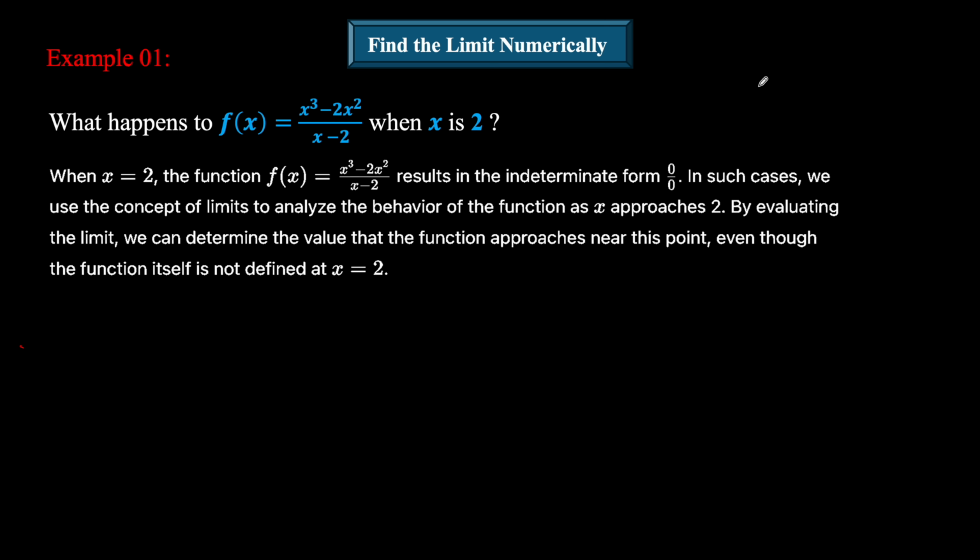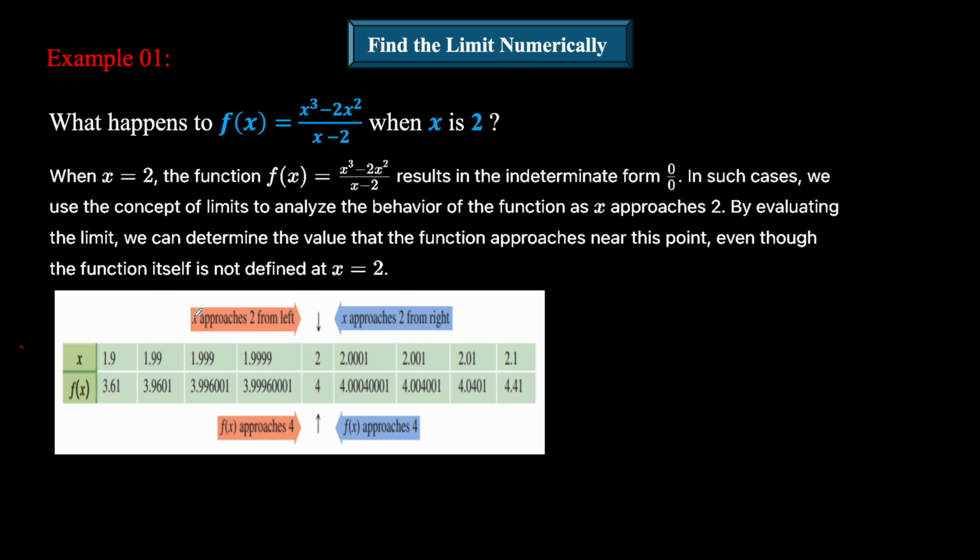So as x approaches the number 2, we'll see the behavior of this function, okay? So by evaluating the limit, we can determine the value that the function approaches near this point. So as x approaches the number 2, we will see that f of x also is approaching a specific number, okay? So in this way, we will see the behavior of our function, how it goes, even though the function itself is not defined at x equal to 2, okay?